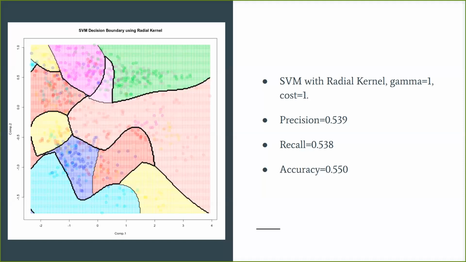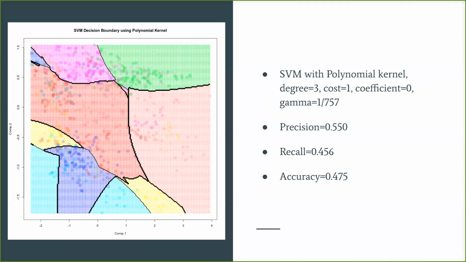First we use the best setting of the SVM, which is the radial kernel, and we can see that the decision boundaries, most of them look quite okay except for the green area, although the precision, recall and accuracy are not very good.